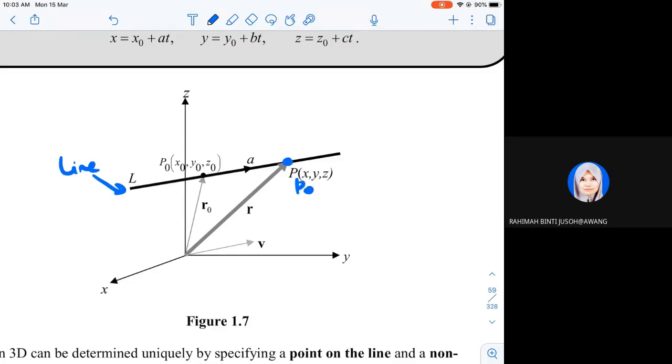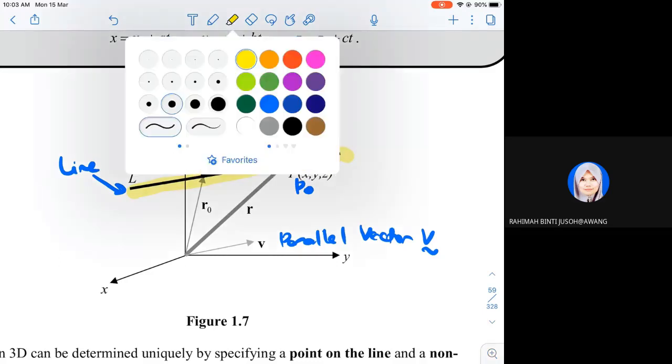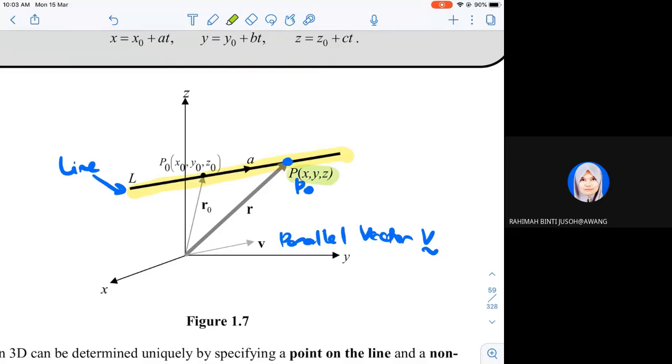Okay? And then what we need to have in order to find the equation of line, we need to have a point P0 and parallel vector V. This is the parallel vector V. So in order to form the equation for this line, we need to have 2 things. The first one is we need to have the P0, where the point P is located on the line.